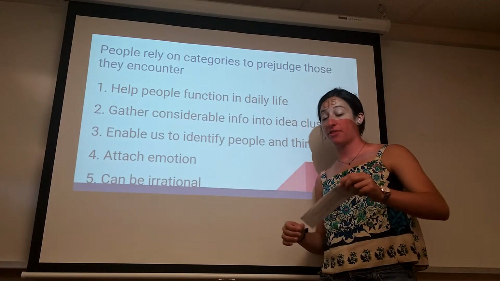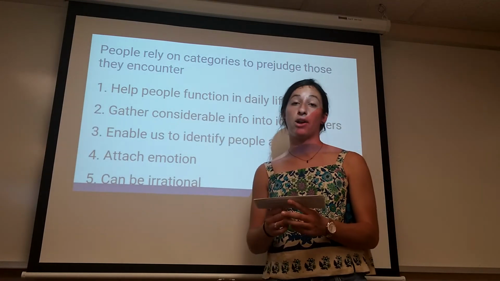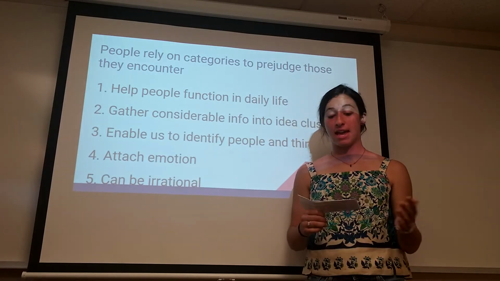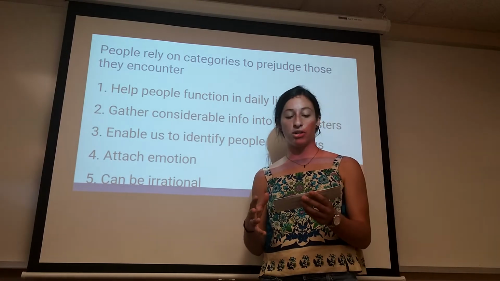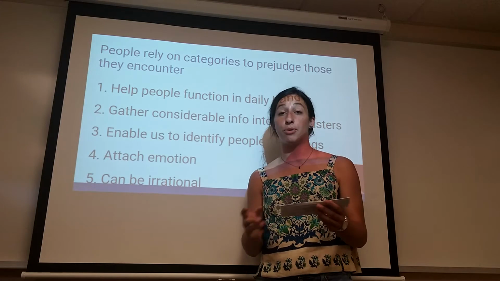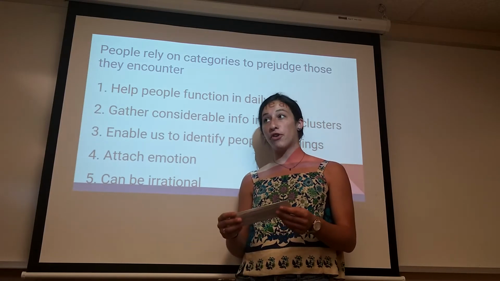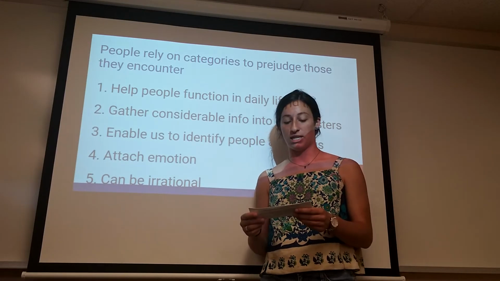Next, she talks about the 5 reasons that people rely on categories to prejudge people that they encounter. The roots of this emotional stigma stem from prejudice and people's tendency to prejudge those around them. The first is that categories help people function in daily life.